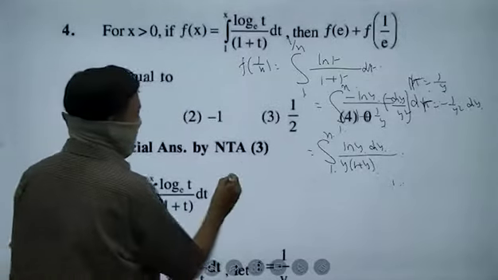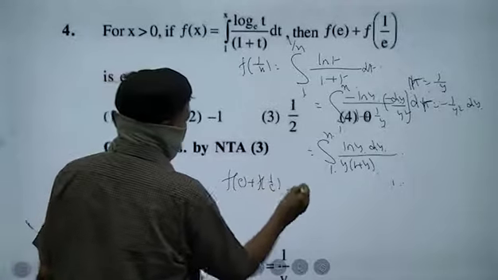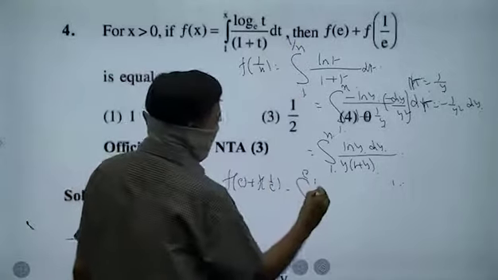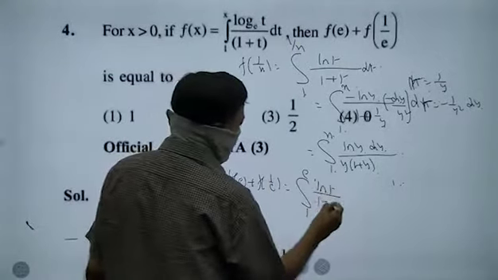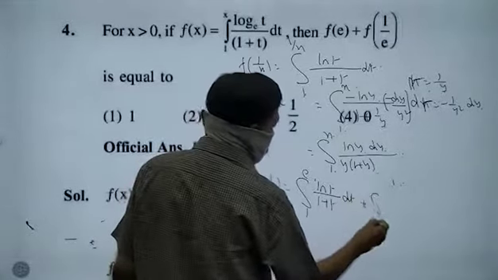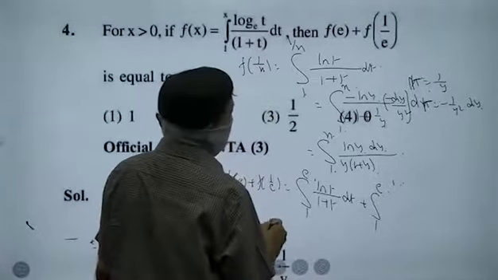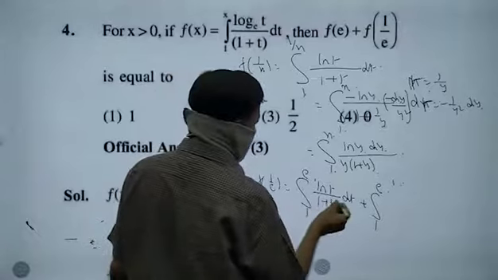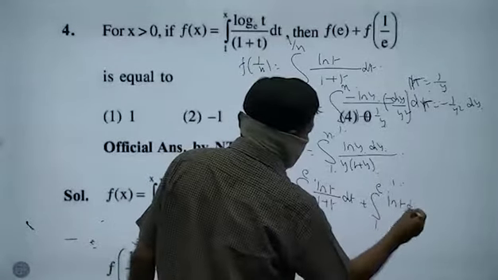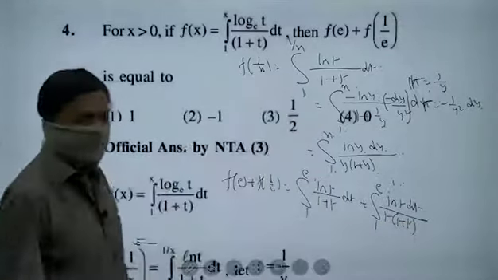Now you write f of e plus f of 1 by e. This is integral 1 to e ln t by 1 plus t dt plus integral 1 to e ln t dt by t into 1 plus t.